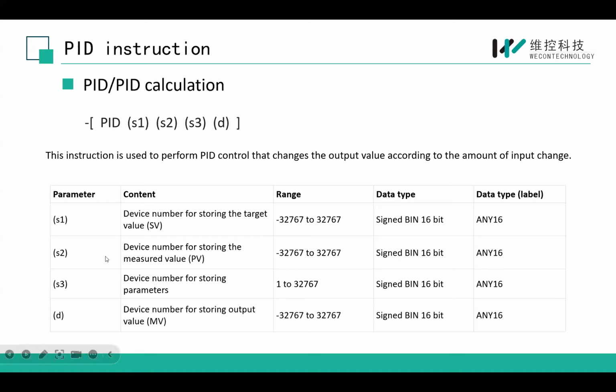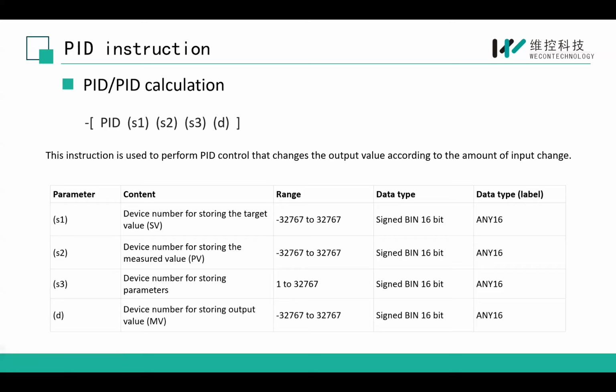And the second parameter is for storing the measured value. Actually, it's the feedback signal, such as we can use the temperature module and move the current temperature to the second parameter here.